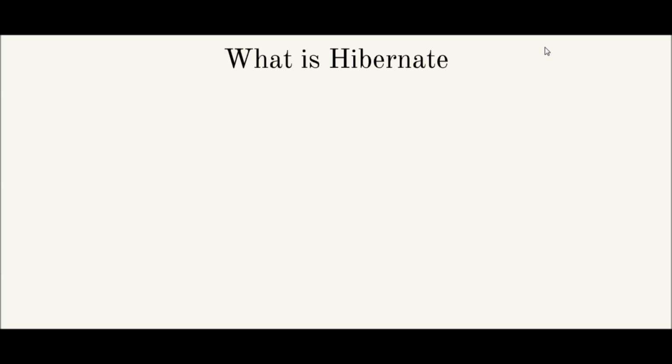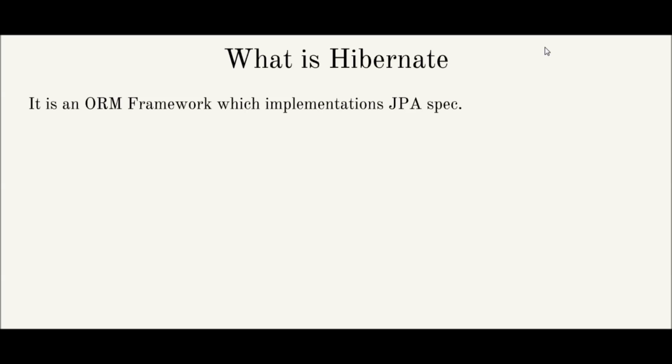Okay, now that we had a look at JPA, let's see what exactly is Hibernate. So we'll have a very brief introduction to what Hibernate is and what it does. Hibernate is an implementation of the JPA specification, and that means it's one of the ORM framework implementers, and it is one of the very popular tools in the market.